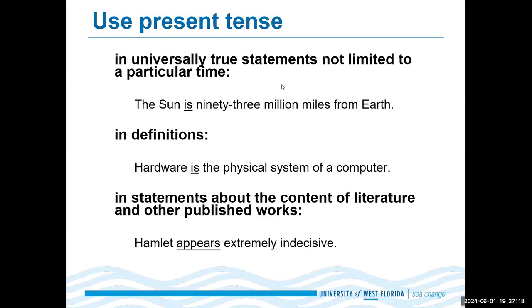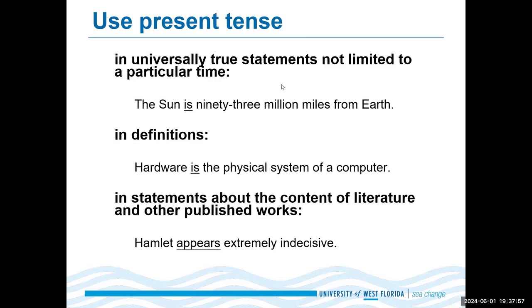Yes, perhaps there will be a lot of versions in literature, from different authors and different writers who like to give new versions of what the author said about a particular character. Nonetheless, anything that is a statement about the content of literature or other published works will always be in the present form of the verb.